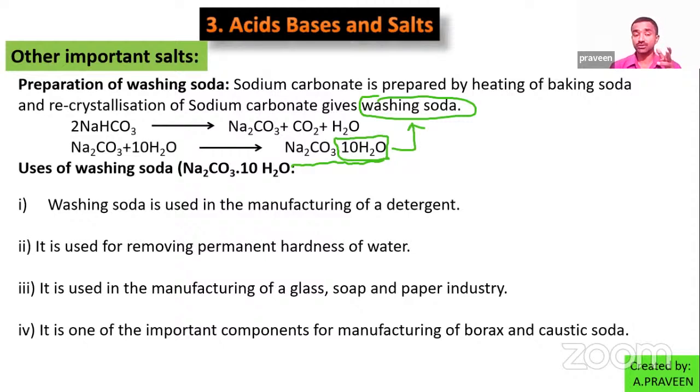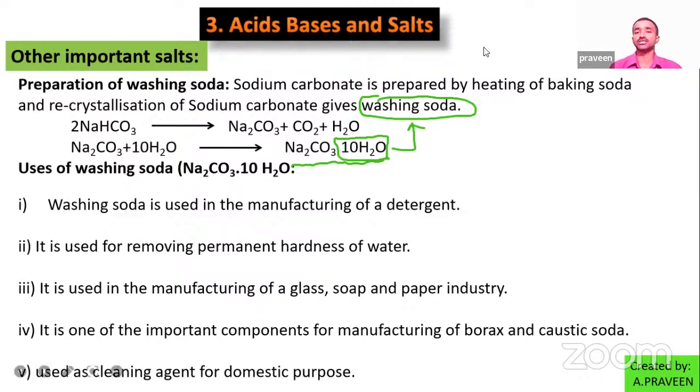We can use this with suitable compounds to produce borax powder and caustic soda. Also, it is used as a cleansing agent for domestic purposes in the houses. So simple applications are there.